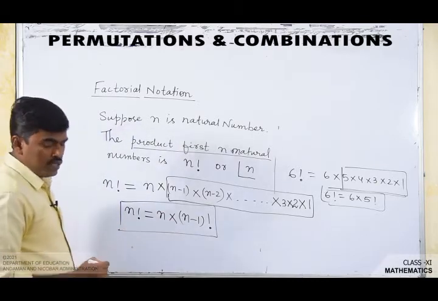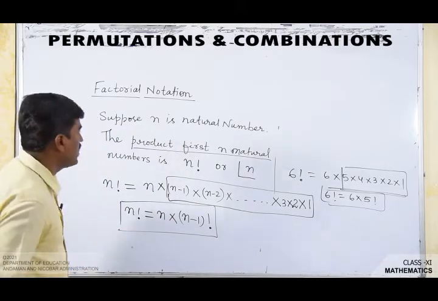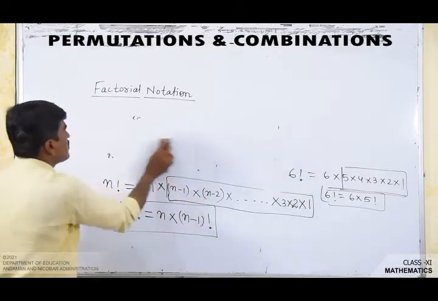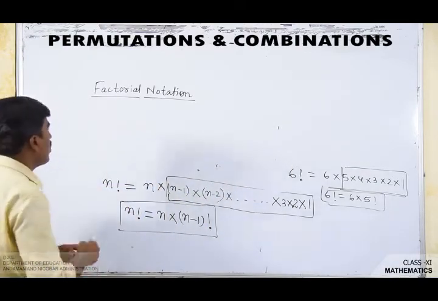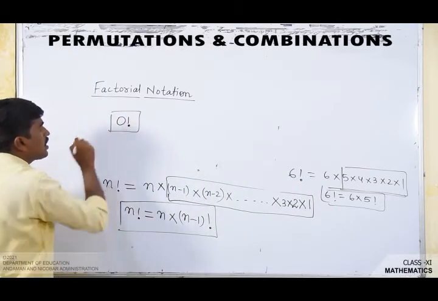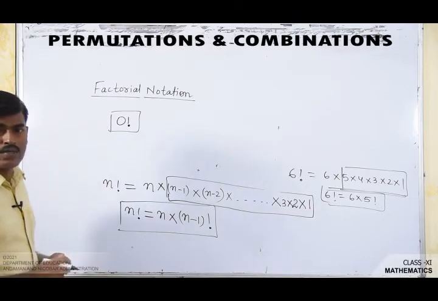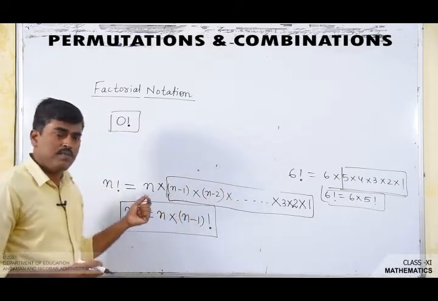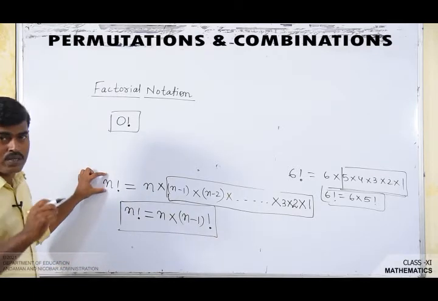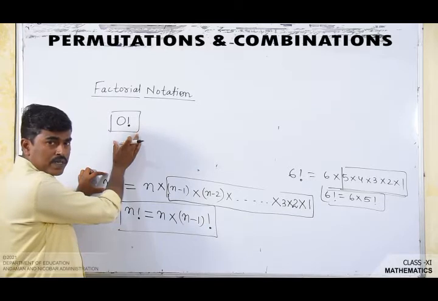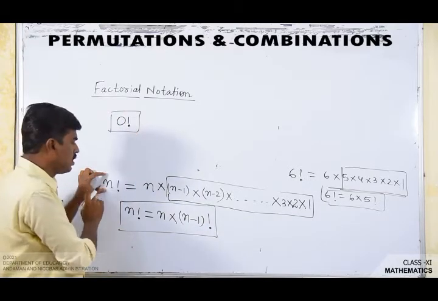Now a very important result that we should know for calculations is the value of 0 factorial. 0 factorial, but 0 is not a natural number here, as this factorial is defined for natural numbers, this n is a natural number. So listen carefully how to find the value of 0 factorial. What is the value of 0 factorial?